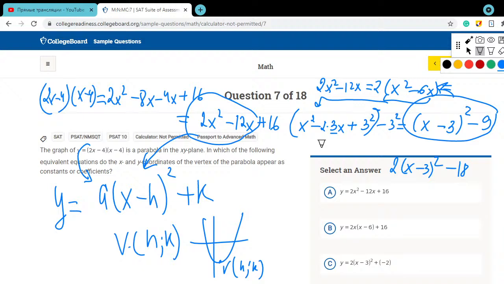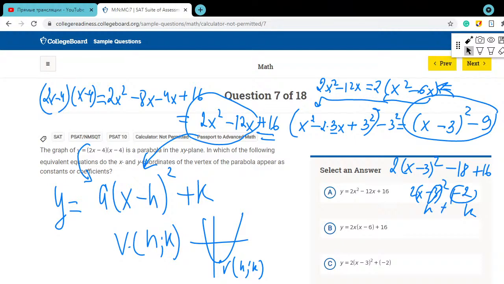And we also have 16. We get 2 times x minus 3 squared minus 2. So 3 and minus 2 would be h and k, the vertex coordinates.